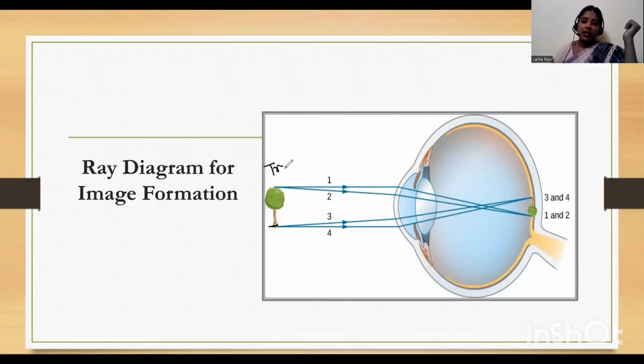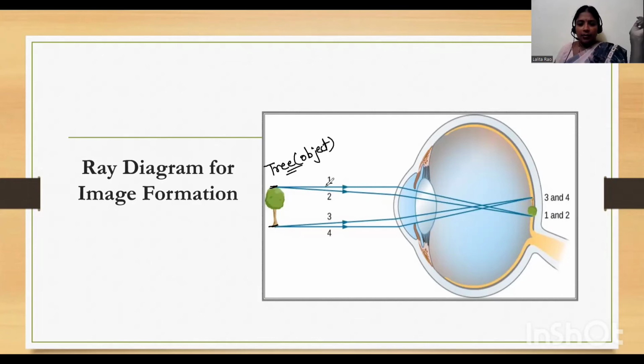This tree is the object, and let us say that we are observing this tree. Right now your eyes are able to see the tree. As we have studied in the previous chapter, only two rays are sufficient to find the image, but there are many rays coming out.